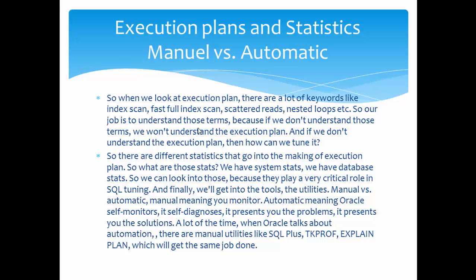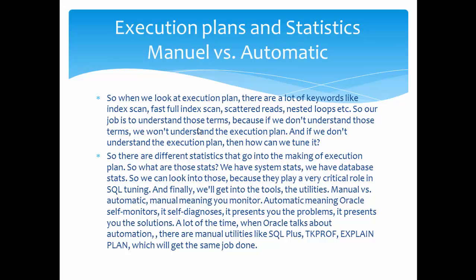There are different statistics that go into the making of an execution plan. So what are those stats? We have system stats, we have database stats. We look into those because they play a very critical role in SQL tuning. And finally, we get into the tools and utilities, manual versus automatic.